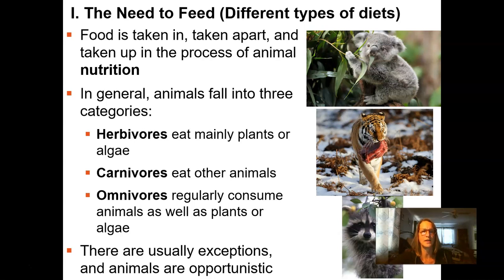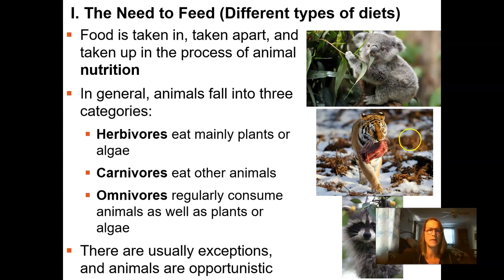So because of that, food has to be taken in, and after it's taken in, it has to be taken apart so that the pieces are in usable form, and then the animal has to take up the different parts of the food throughout its body. And this whole process is called animal nutrition.